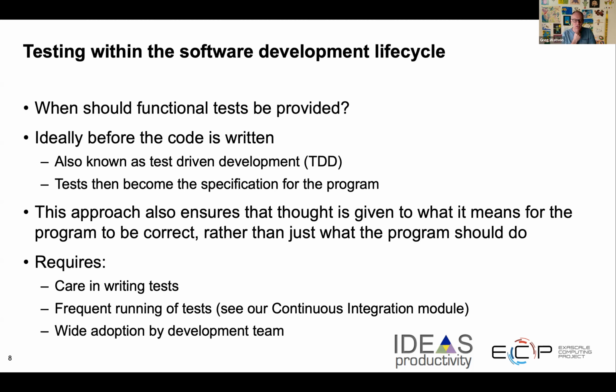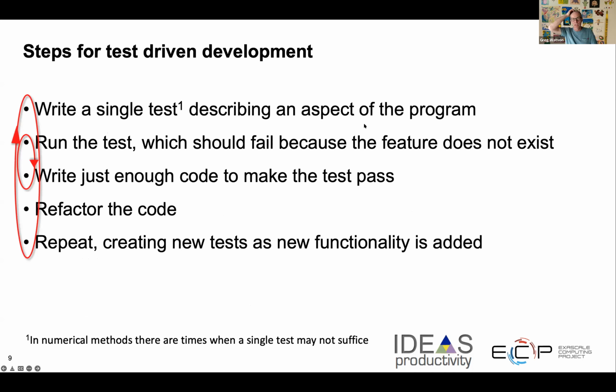So what does the test-driven development cycle look like? Essentially, it's a set of iterative loops, starting with writing a test, and sometimes you can't get away with writing a single test, but in many cases you can.